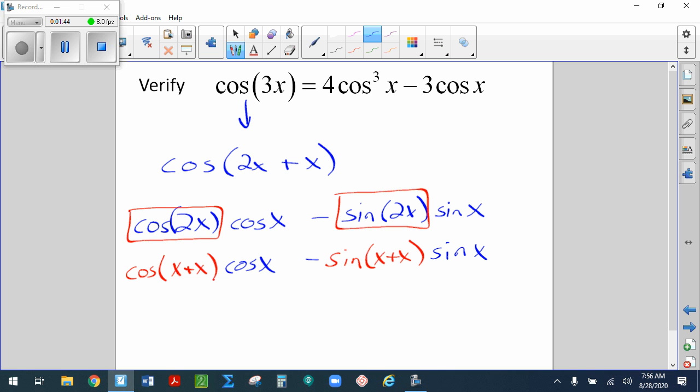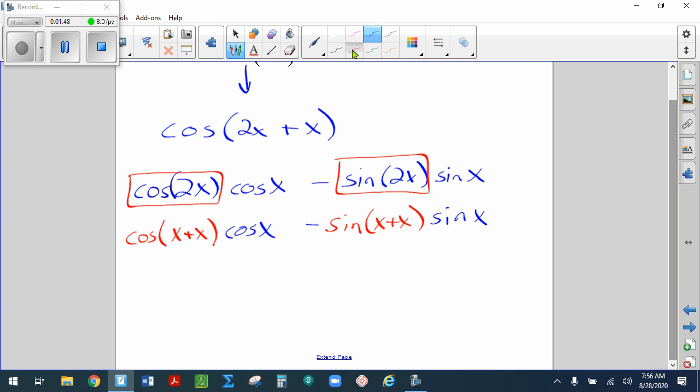So again, using my identities, cosine x plus x is going to be cosine x times cosine x minus sine x times sine x. That's in parentheses because that's all being multiplied by this blue cosine x.